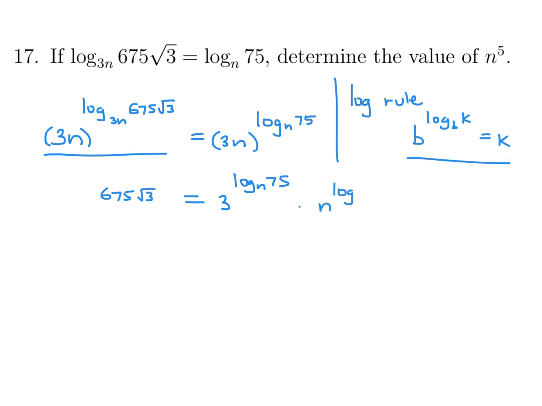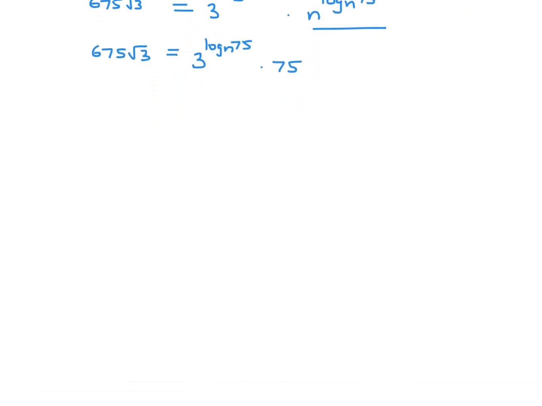So that's perfectly valid using our log rules. Okay, now this log rule can be applied to that. So this side just stays the same for now. And I think this log 75 to the base n stays the same, but this just becomes 75, I believe. Yeah. Okay, good. So let's just see.